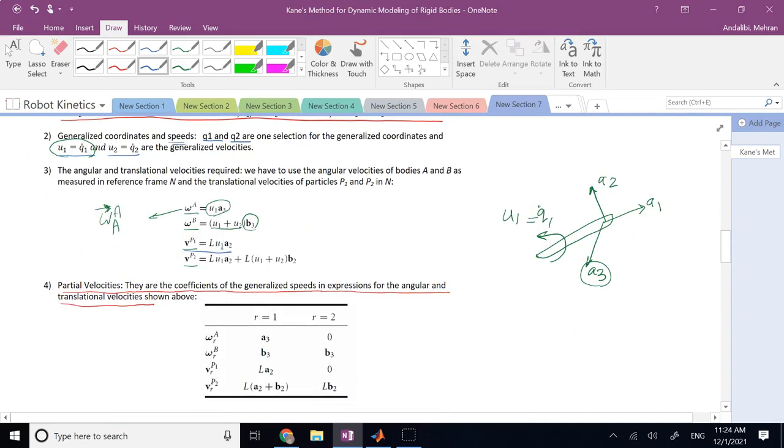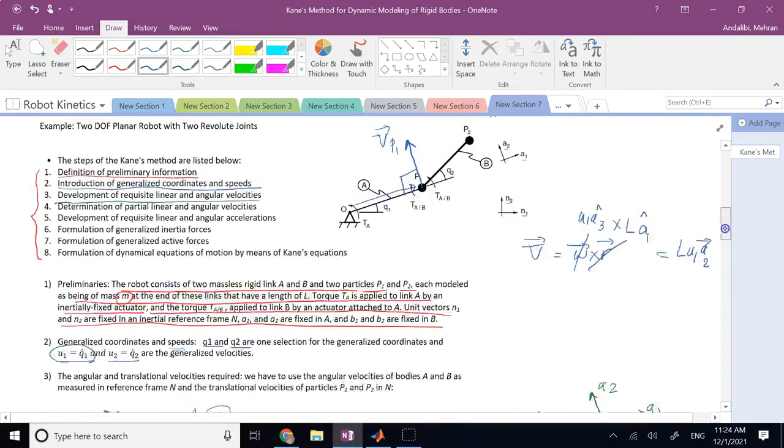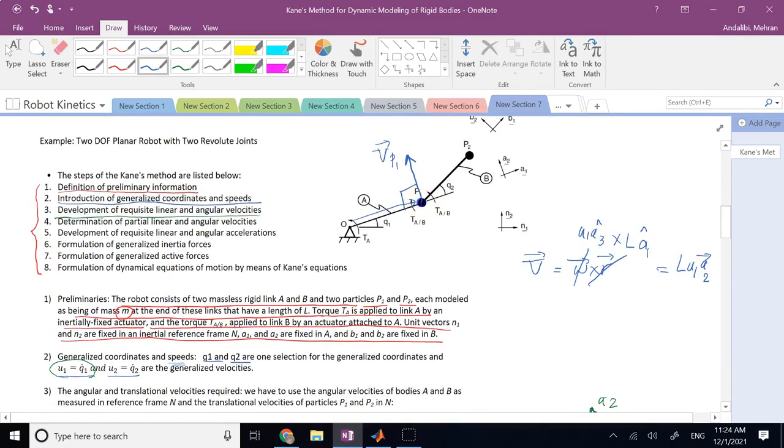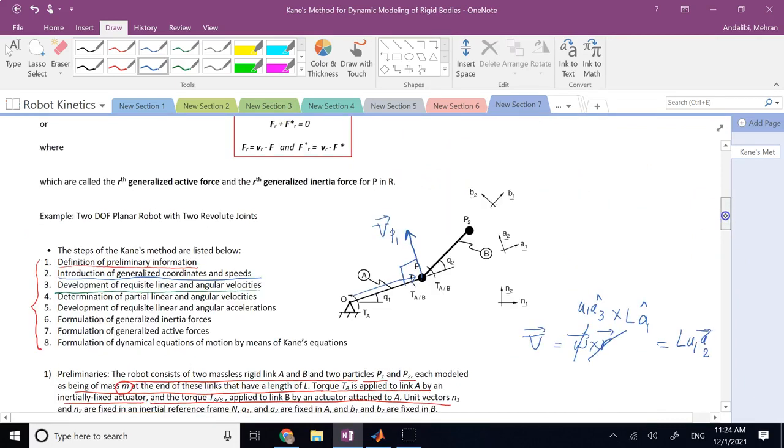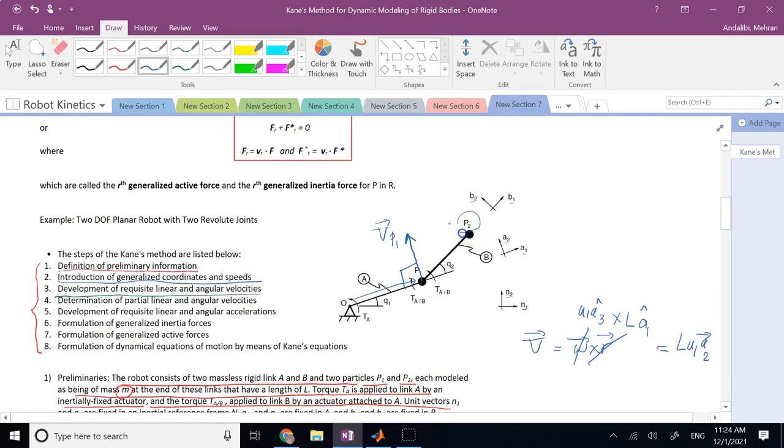And then we need V of P2, and for that, now that we have V of P1, I go to rigid body B, and V of P2 can be found through V of P1 and omega of the rigid body. So V of P2 is going to be what? It's going to be V of P1 plus omega of this rigid body cross the R between these 2 points.